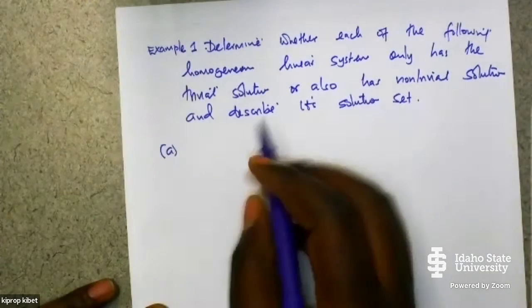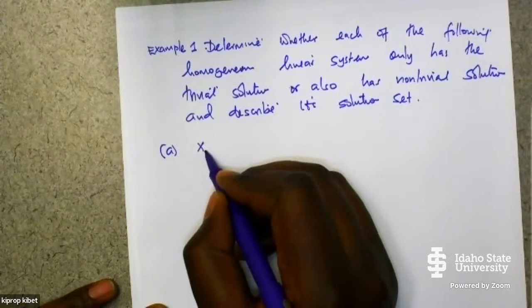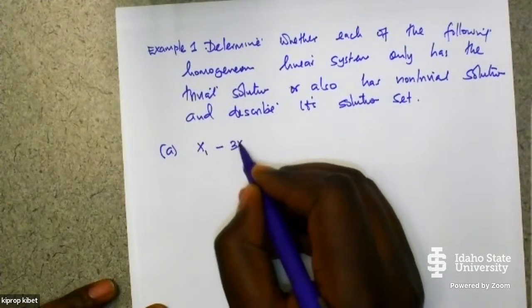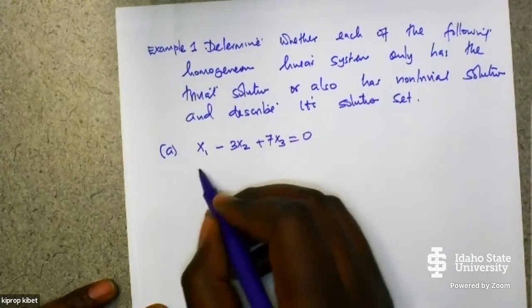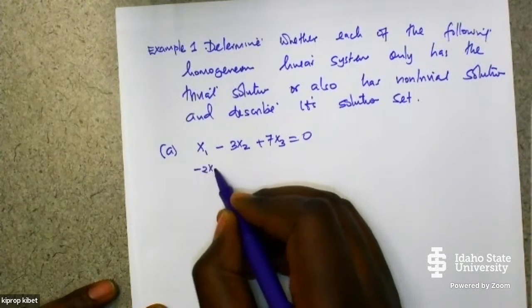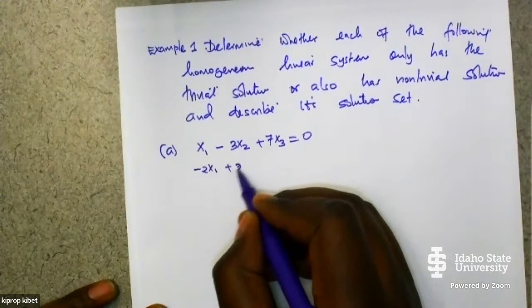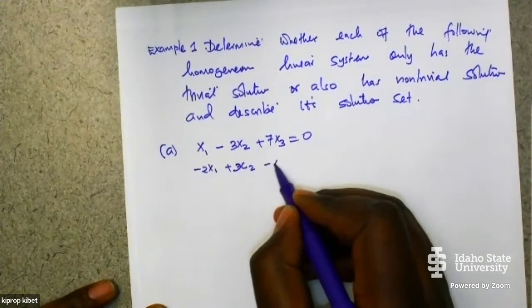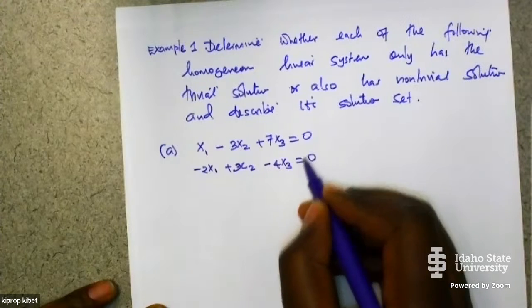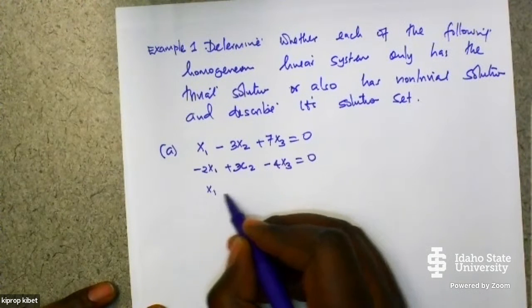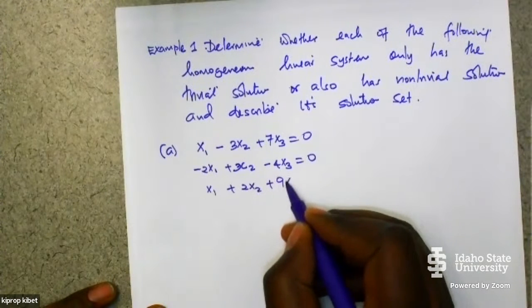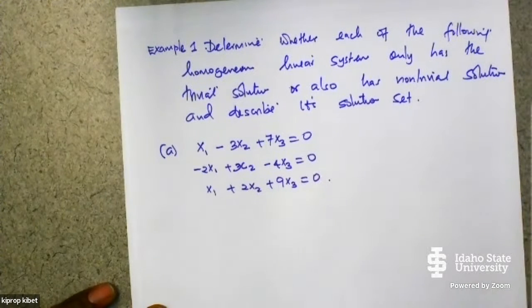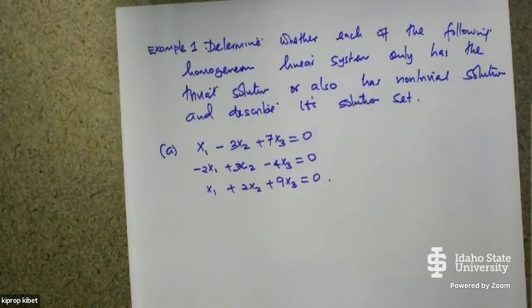Part A: we have x1 minus 3x2 plus 7x3 equals 0, minus 2x1 plus x2 minus 4x3 equals 0, and x1 plus 2x2 plus 9x3 equals 0.